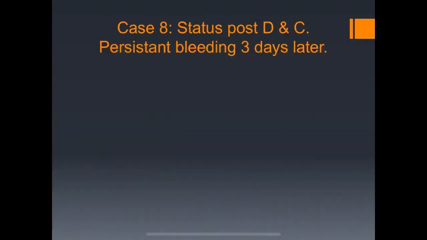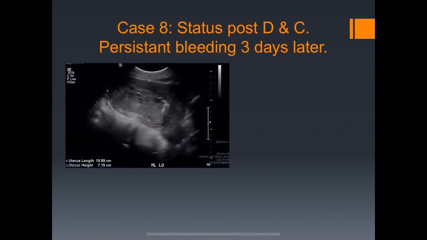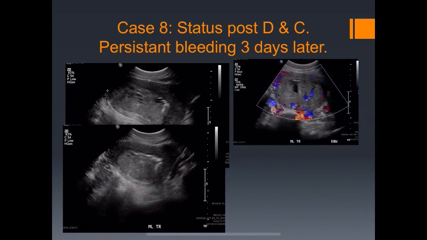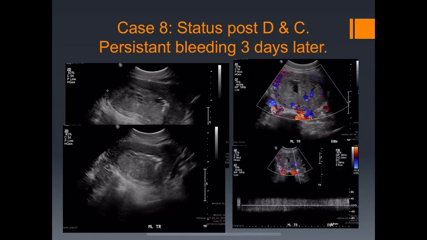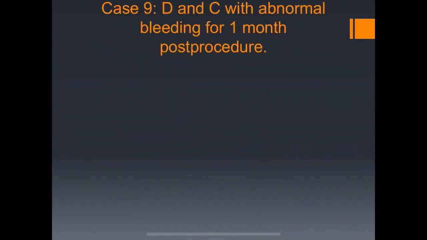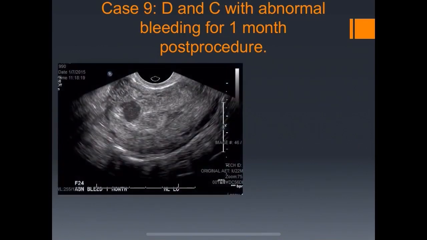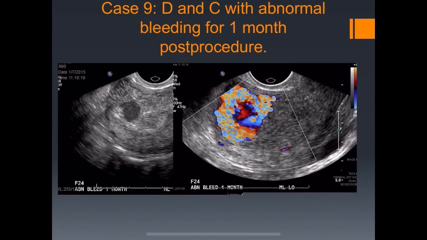Next is a status post D&C with persistent bleeding for 3 days. Here's the first image, sagittally. Second image. Third image with color. And then the waveform. Next case is a D&C with abnormal bleeding for 1 month post-procedure. First image. Second image.